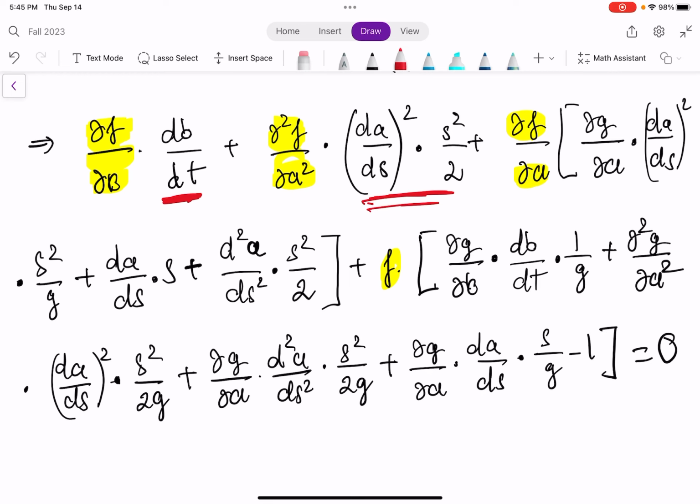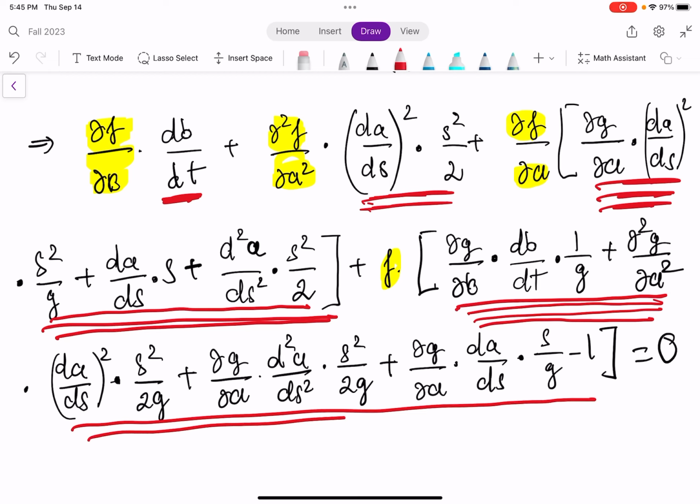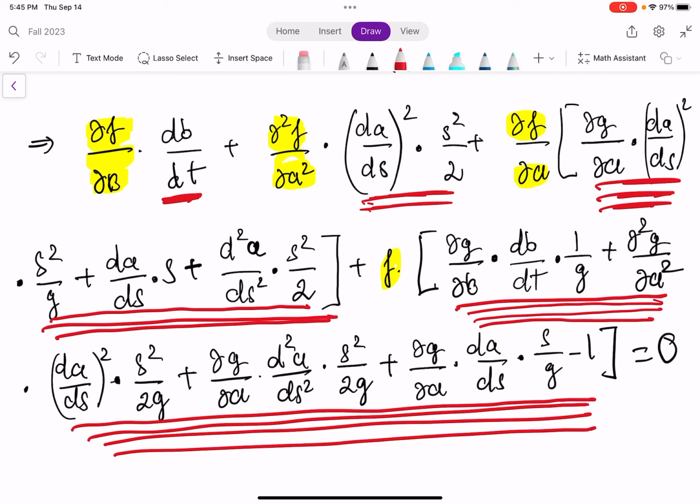This one is the coefficient for the second partial f with respect to a. These are the coefficients for partial f with respect to a. And these three, four are the coefficients of f.